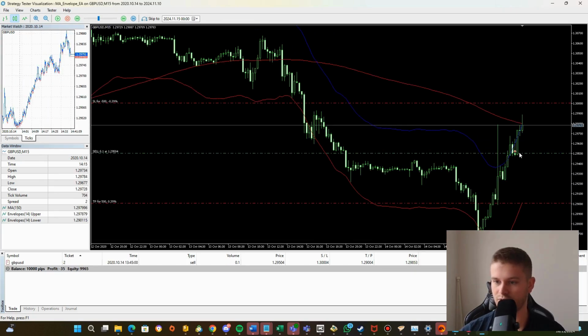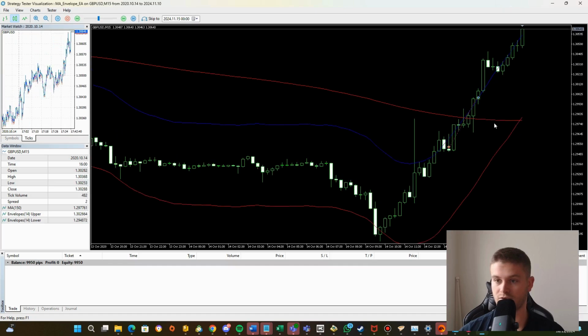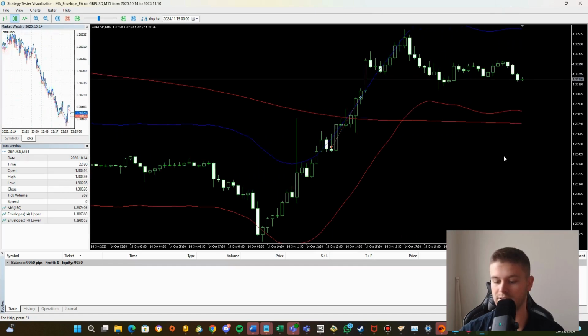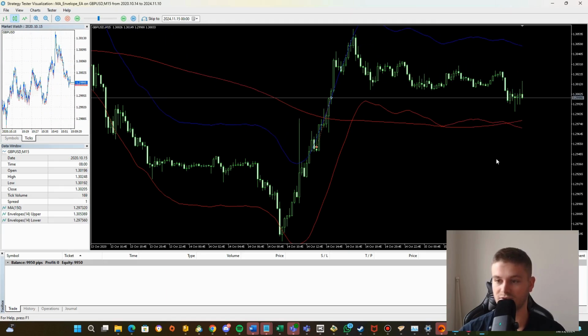Okay, so at this point it tells us open a sell position, which is correct based on the rules the EA has from us. So if we check it, the price doesn't touch the moving average. The higher envelope at this point also doesn't touch the moving average, so this is correct, but it goes against us. So the first position is a losing position, which is okay.